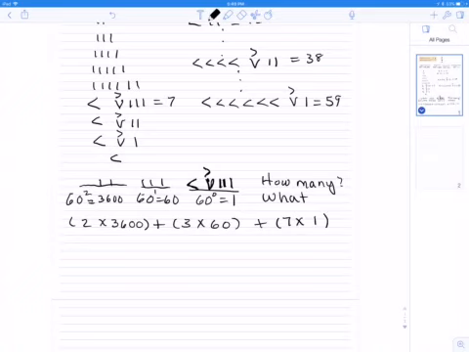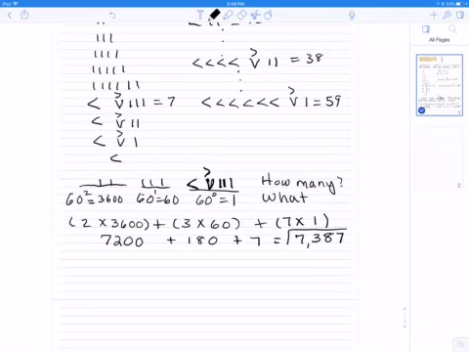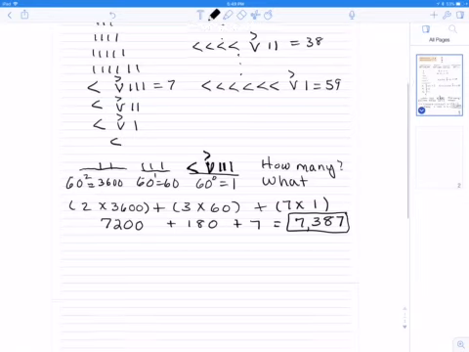So simplifying this, I have 7,200 plus 180 plus 7. And that gives us 7,387.